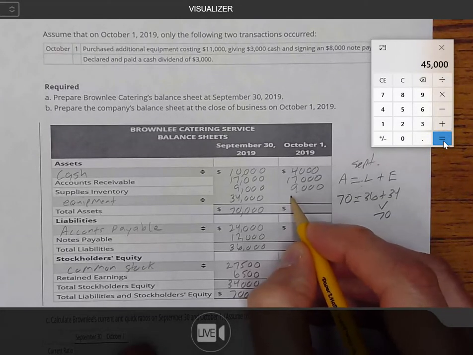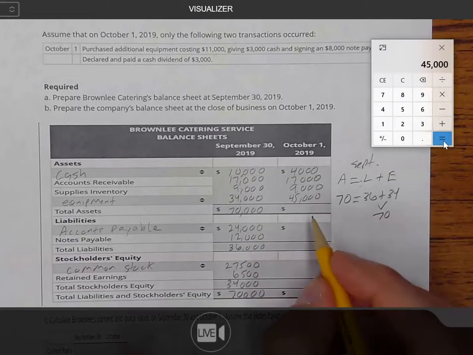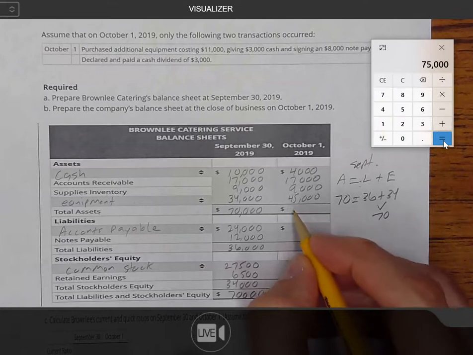Cash changed and equipment changed. And then since we already have the 45,000 on the calculator, I'm going to go up. So 45,000 plus 9,000 in supplies inventory plus 17,000 accounts receivable plus 4,000 remaining cash equals $75,000 in total assets.